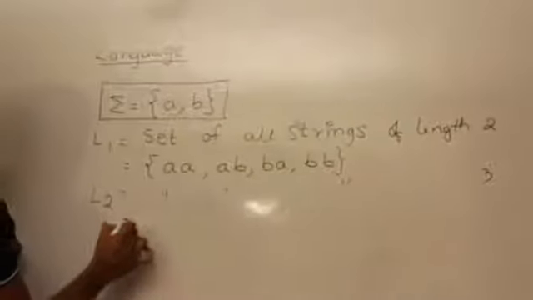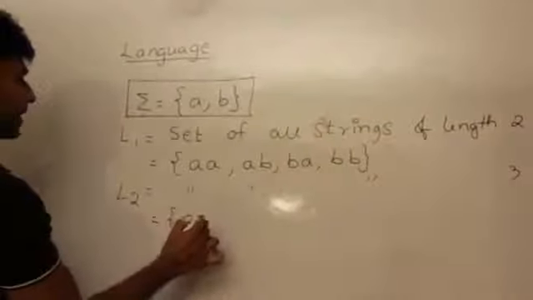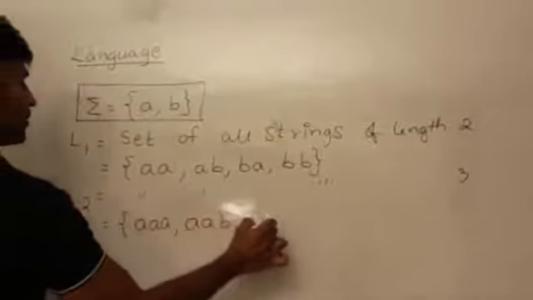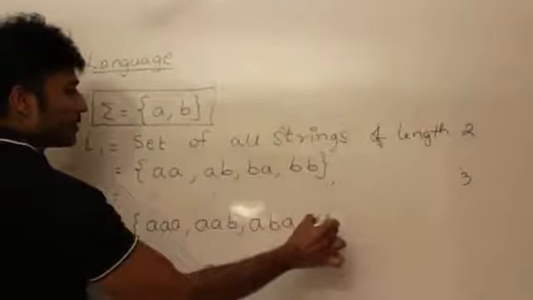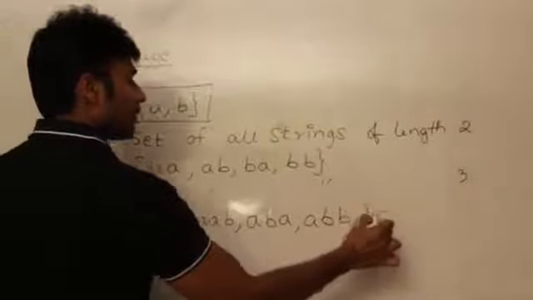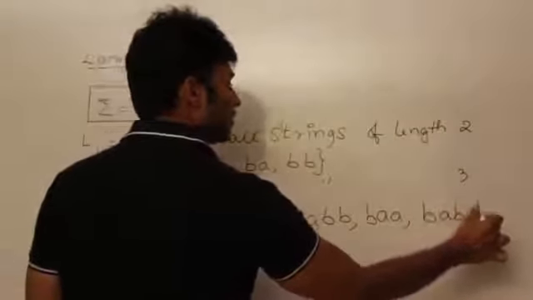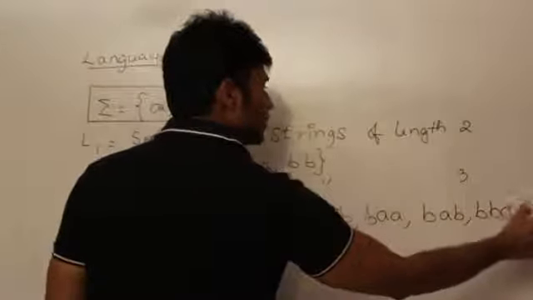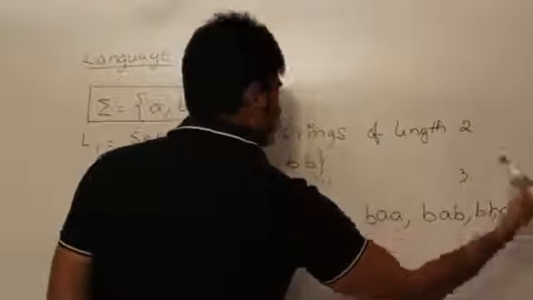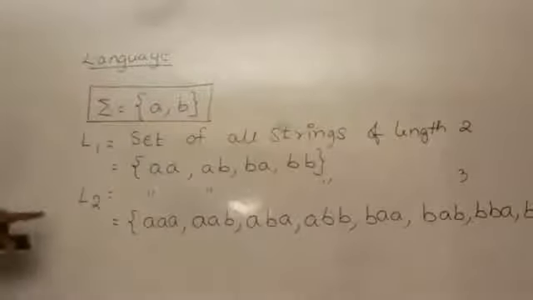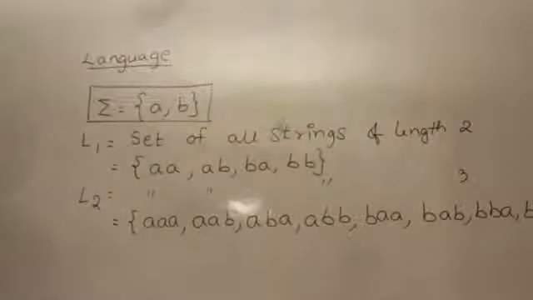Then L2 is going to be aaa, aab, aba, abb, baa, bab, bba, bbb. Right? So there are 8 strings. Again, this L2 is also finite.